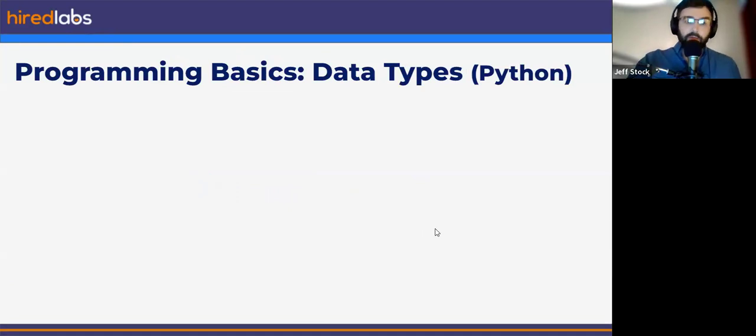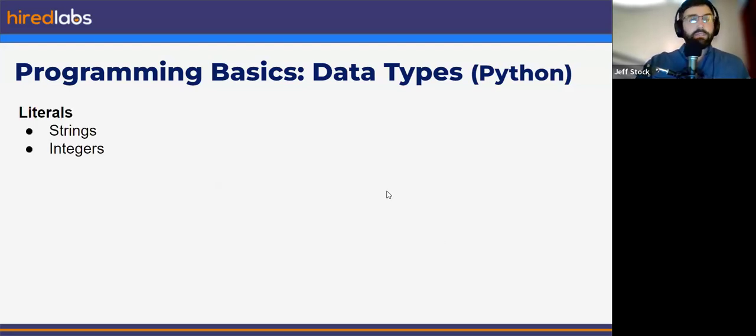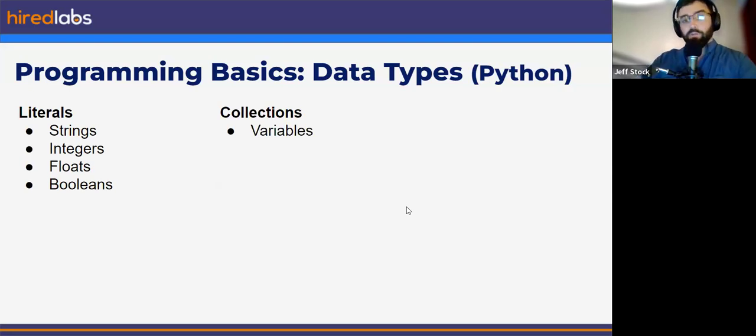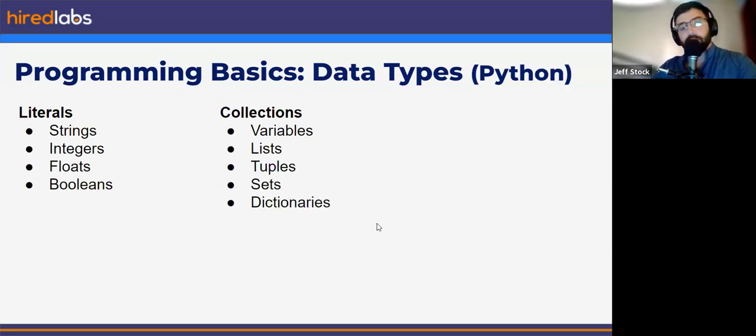Then the second time we started talking about data, it was in the programming sense of data types. We talked about Python specifically, but this applies to all languages. They all use data types, and most of them are similar to the ones Python uses. Things like the literals: strings, integers, floats, the Booleans, the trues and falses. Then things that are collections, like variables that can hold all those literals, and then lists, tuples, sets, and dictionaries that can hold other things.